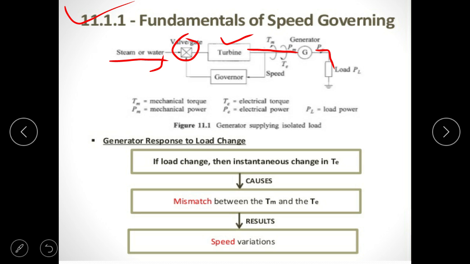Now, if there is slight change or variation in load, then active power demand increases, generator speed changes, generator is connected to turbine, turbine speed also changes, and it is met by the input supply. It means we have to increase the input supply by opening the valve or gates.